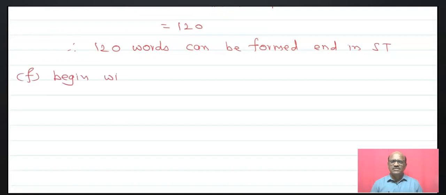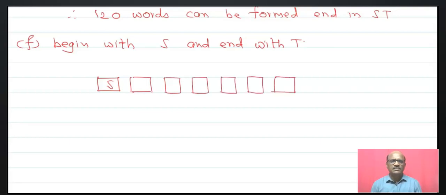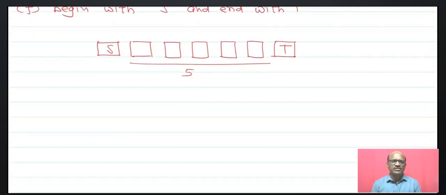Next is begin with S and end with T. Therefore, our total is 7 and the remaining 5 positions can be arranged in 5P5 ways. This is also very simple.